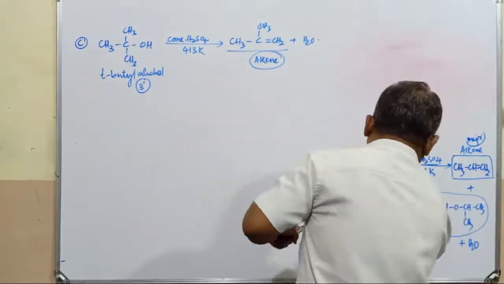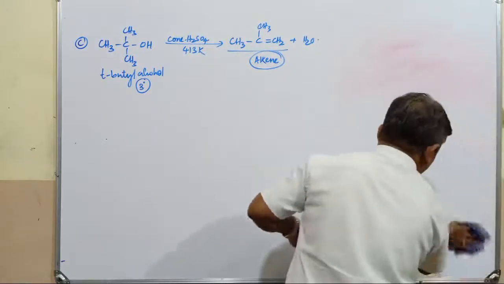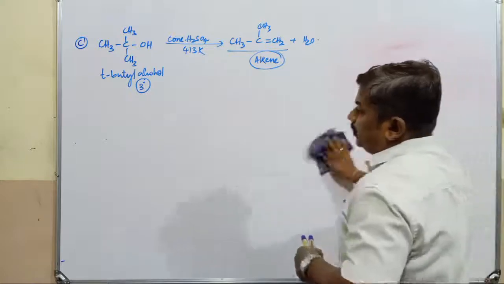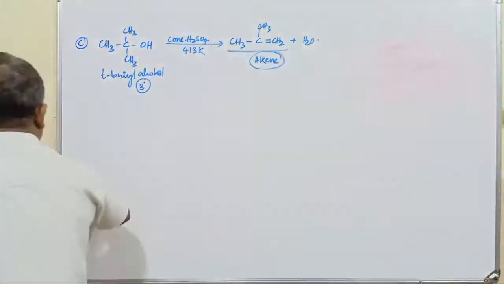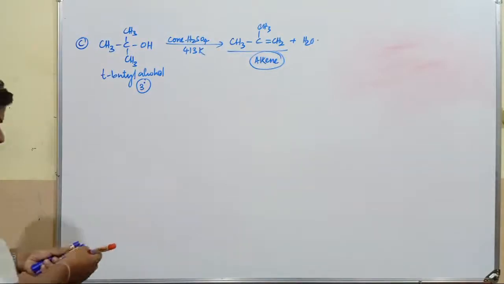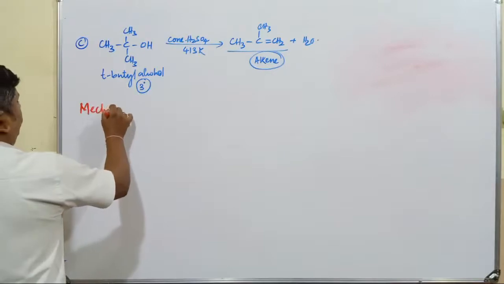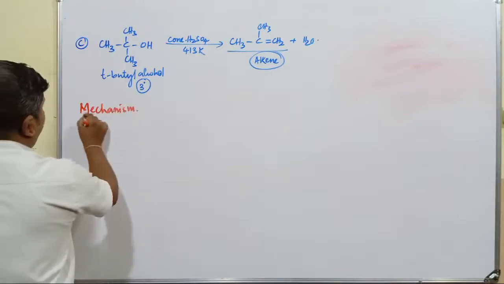Primary. If the alcohol is secondary or tertiary, then you won't get the ether compound as the major product. Okay? Now, what's the mechanism of dehydration of this alcohol?